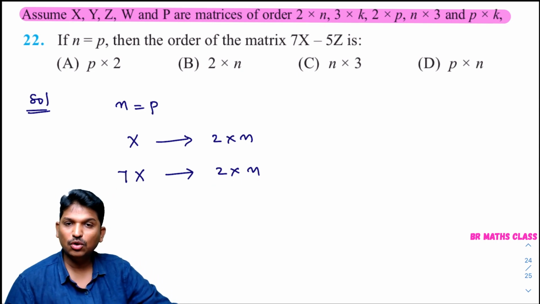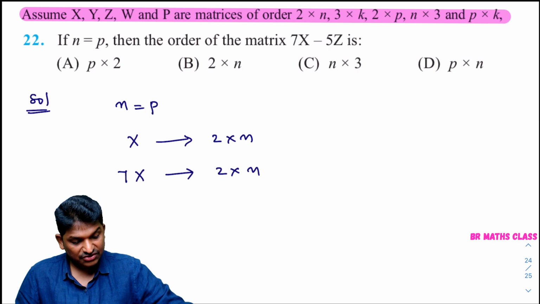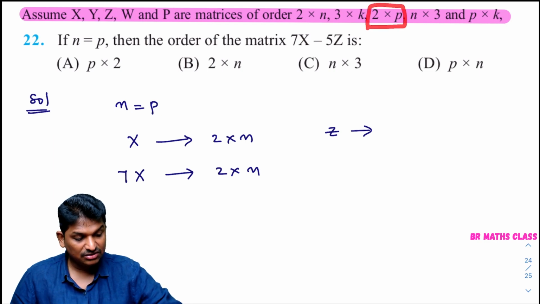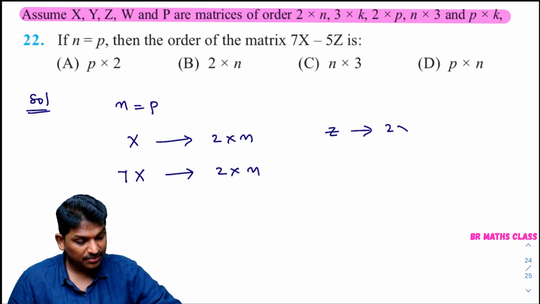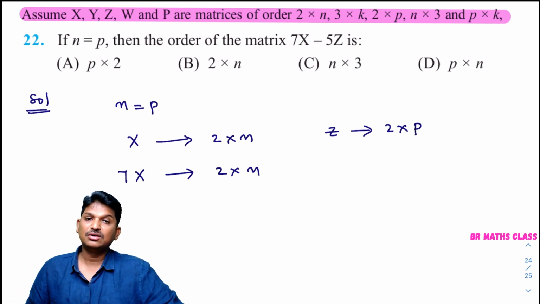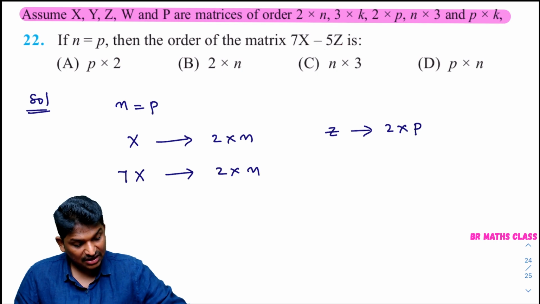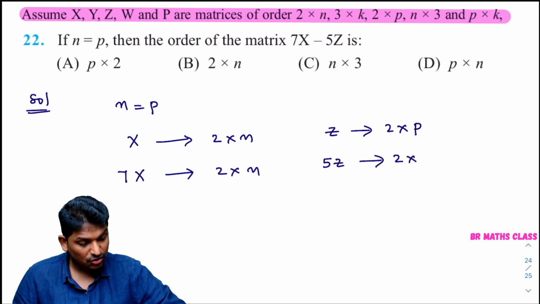This is clear. Now what about Z? Z is a matrix of order 2 by p. What about 5Z? 5Z is also a matrix of order 2 by p only.